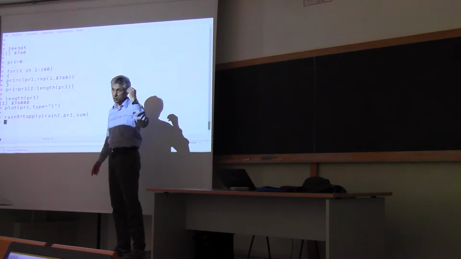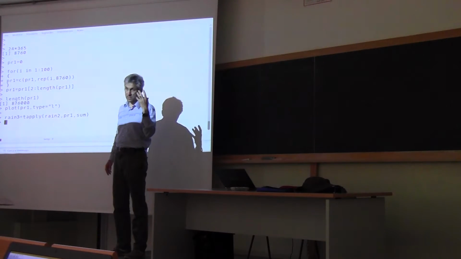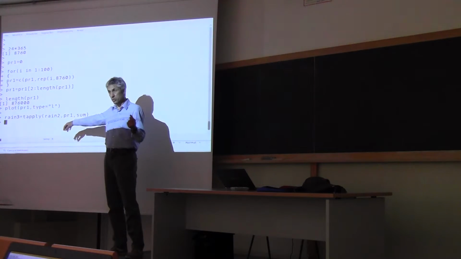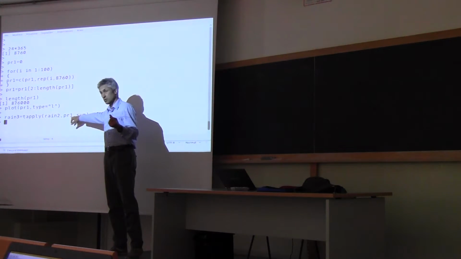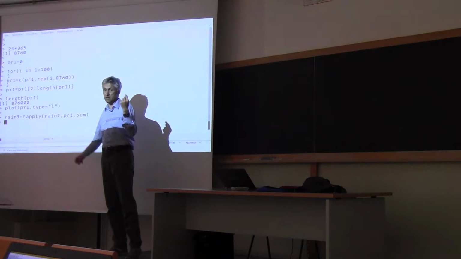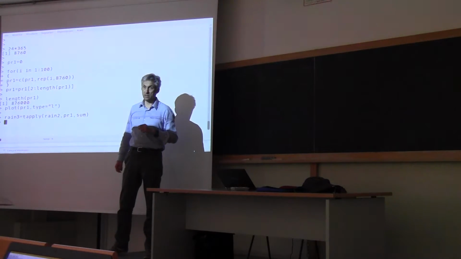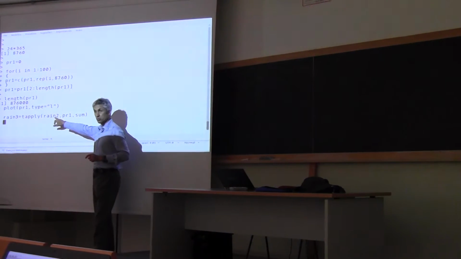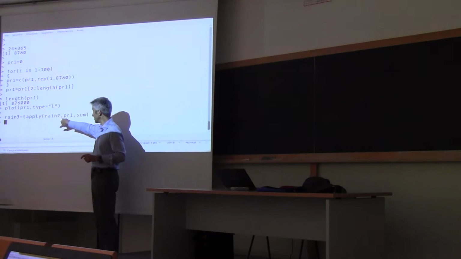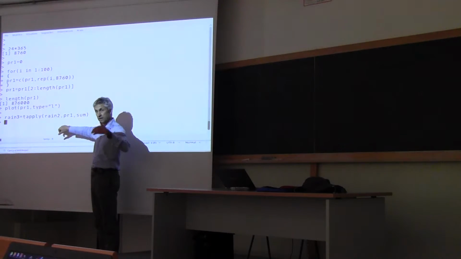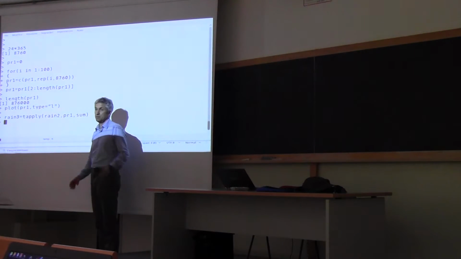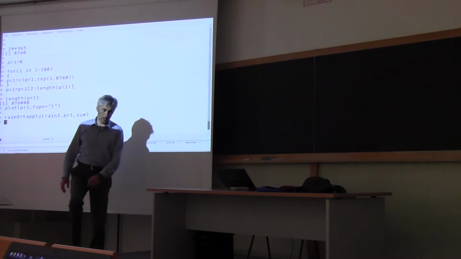And what should I sum? All the elements of rain 2 which have the same corresponding values in PR1. So basically the function summed all the elements in rain 2 associated to the index 1 in PR1, and then the sum of all the elements with the index 2, etc. And so I aggregated the data.